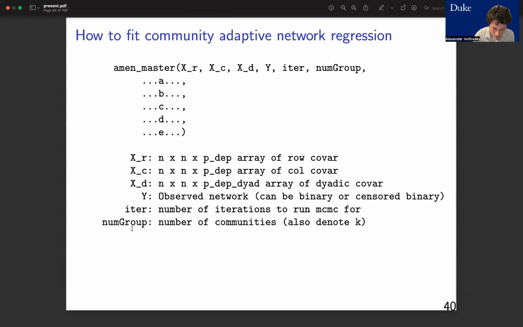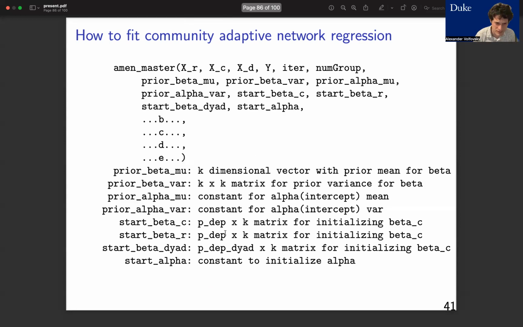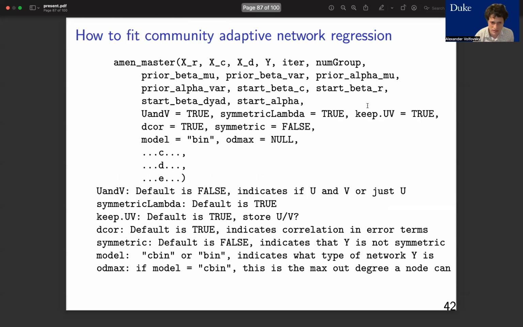And this number of groups is the number of communities that we have, and this can be thought of as choosing an R in the original AME function. We've added a little more flexibility here to allow you to change the priors for the different parameters, though most likely keeping the defaults is just as good.